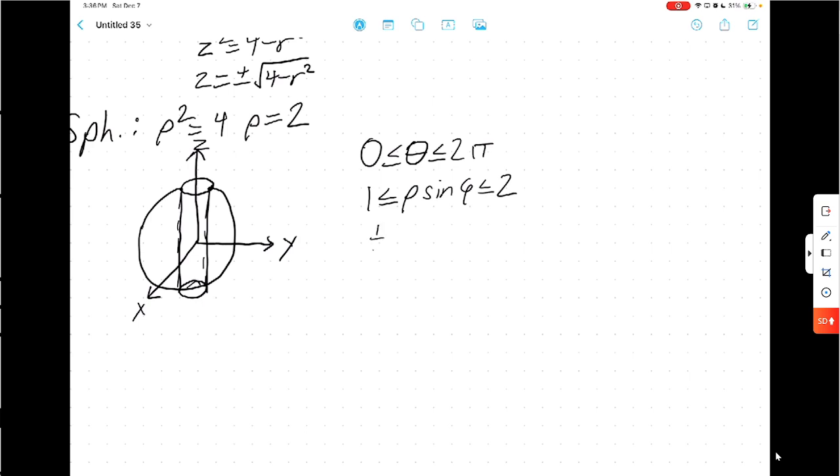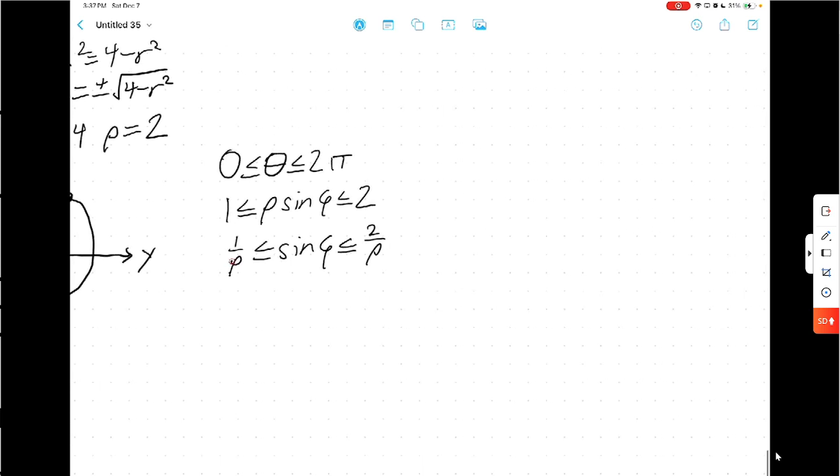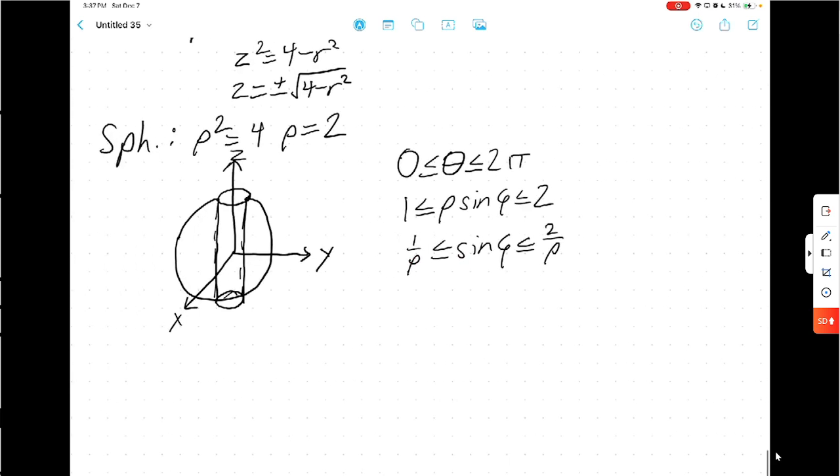Which means we have 1 over rho is less than or equal to sine phi, which is less than or equal to 2 over rho. Oh wait, that doesn't work if rho is 0. Oh wait, rho can't be 0.